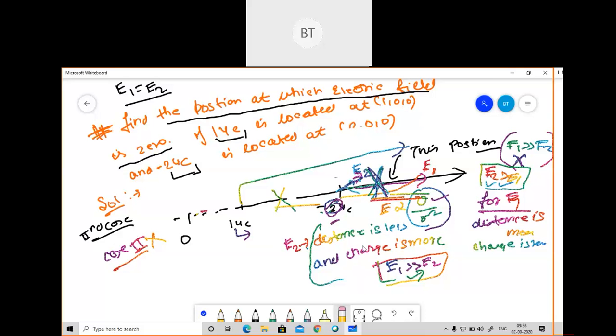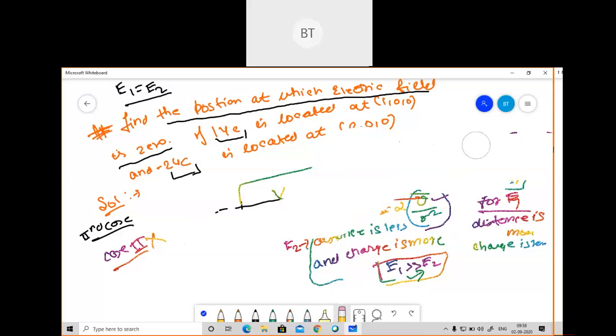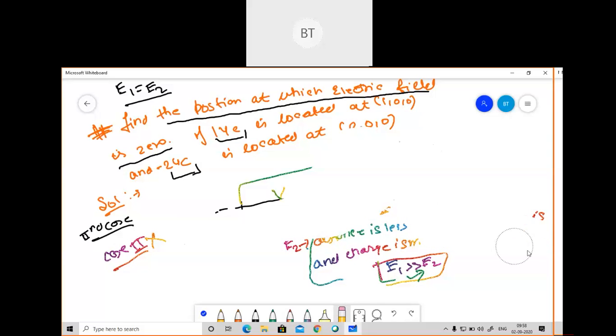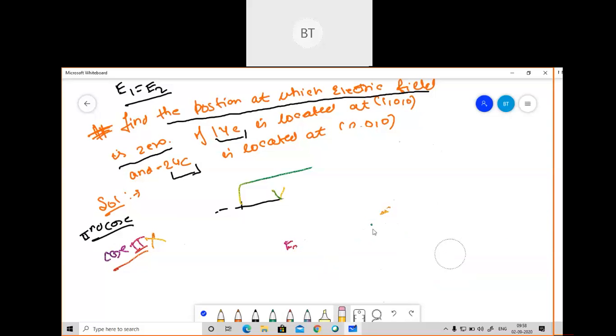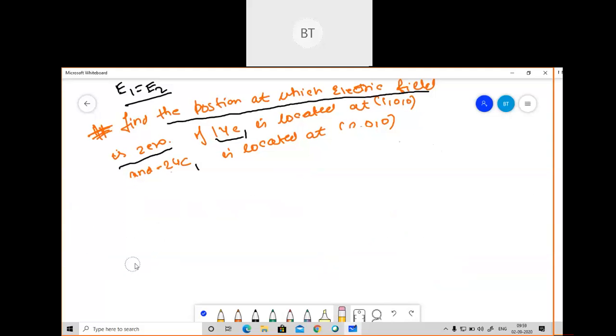Okay. So now we will consider the third case.